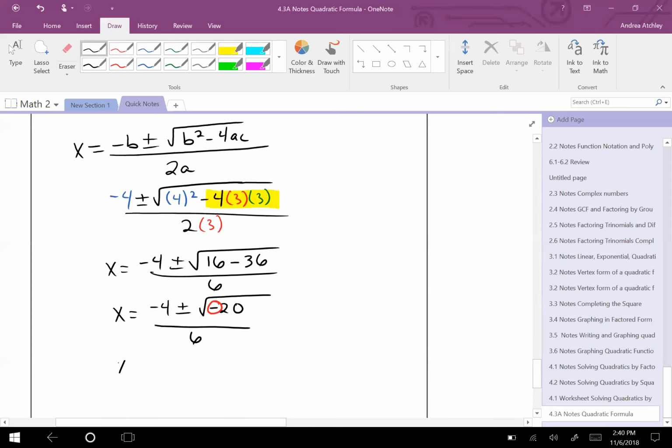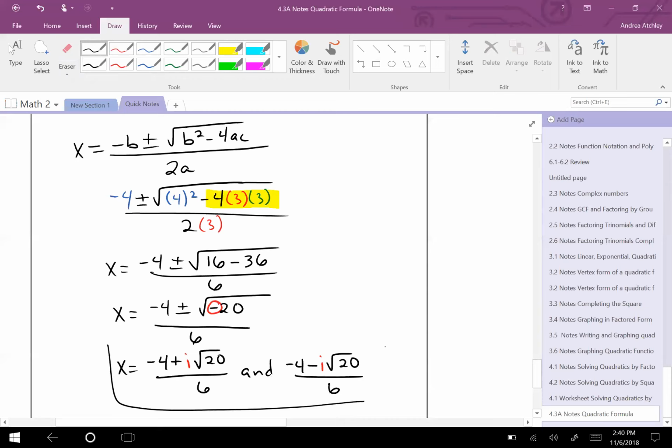So I have x equals negative 4 plus i square root 20 all over 6, and negative 4 minus i square root 20 all over 6. Any questions over that?